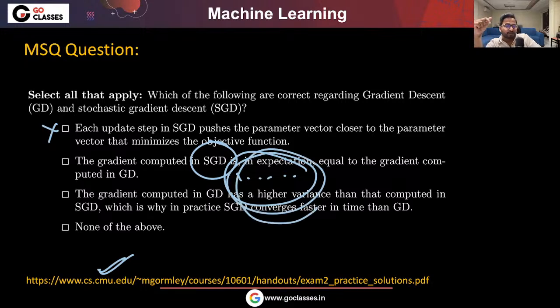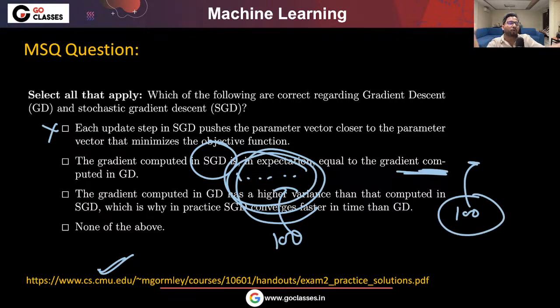Let's suppose you do it 100 times for all the points. On average, in expectation, 100 times for all points, whereas here you are doing 100 times only, but one time itself covers all points.